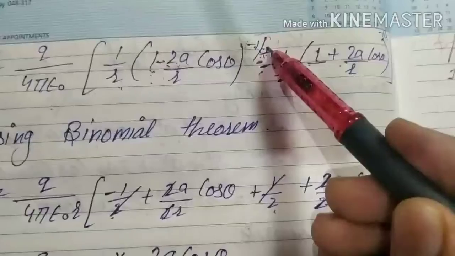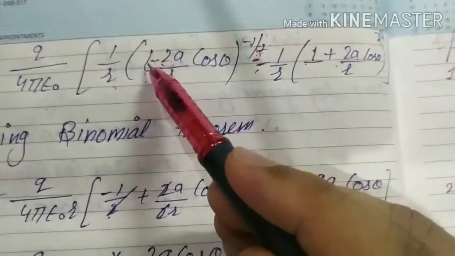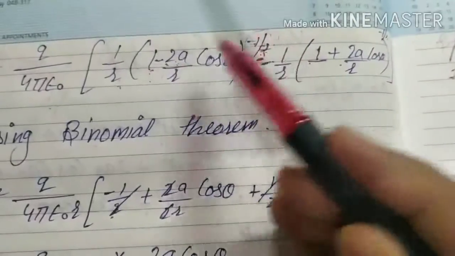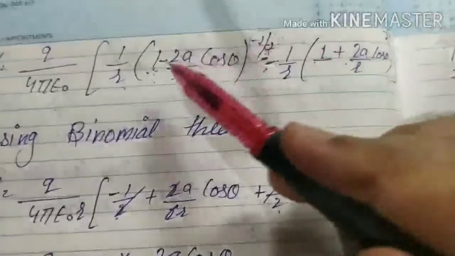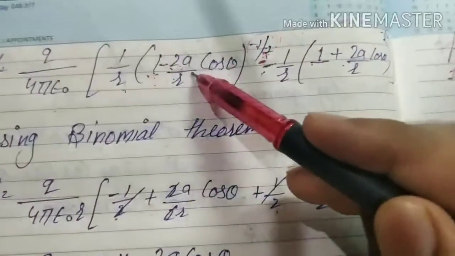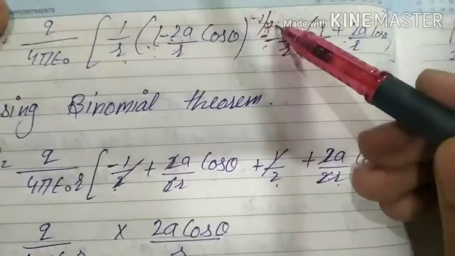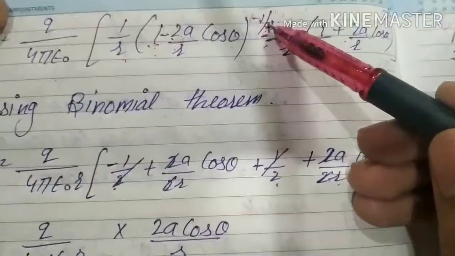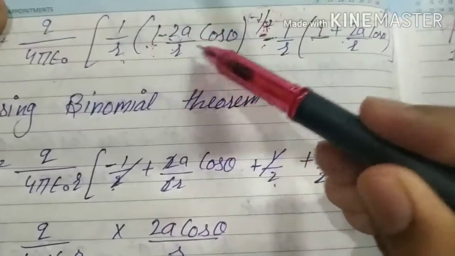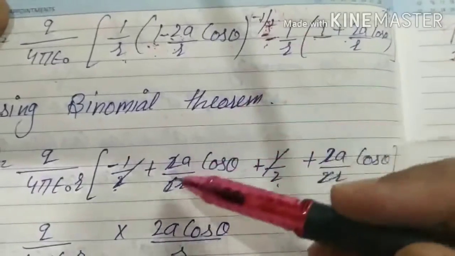Now the power is minus 1 by 2, and this power is multiplied first with 1 and then with the second term. Firstly, minus 1 by 2 multiplied with 1 is minus 1 by 2. Then minus 1 by 2 multiplied with 2A by R cos theta.